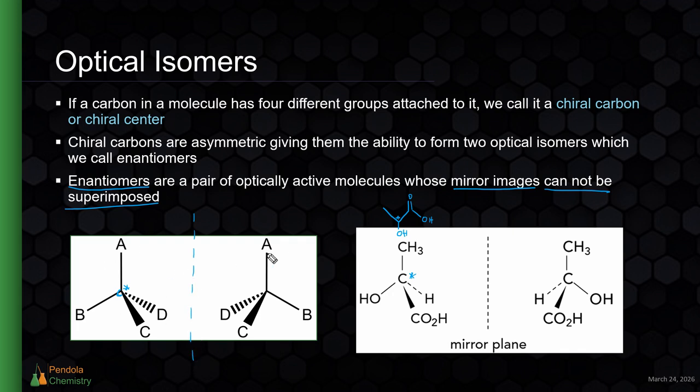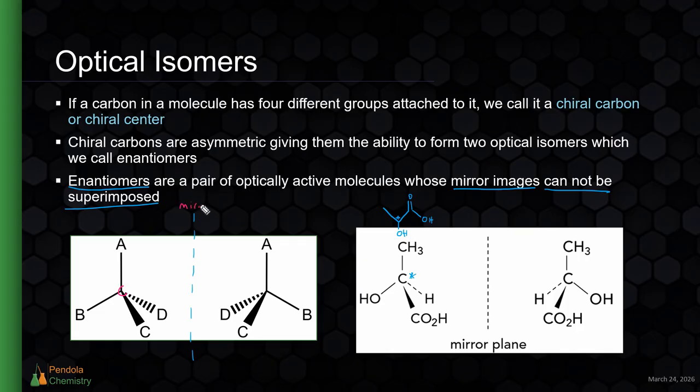So let's just cut out all of the chemistry for a second and look at this. If we have a molecule with a carbon in the center, meaning we have a chiral carbon with 4 different attachments, A, B, C, and D, because that carbon has 4 attachments, that carbon is going to be tetrahedral, and we put a mirror in front of it.